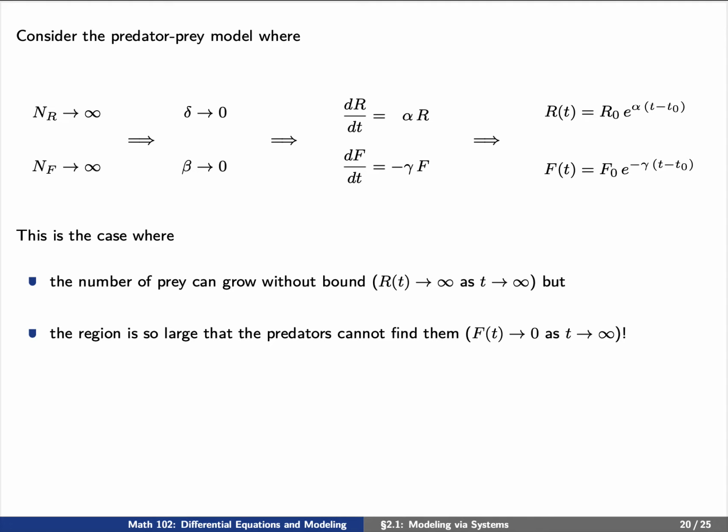F of t tends to 0 as t tends to infinity. And we really have to ask the question, does this really make sense? Because we know that we just can't have an arbitrary number of rabbits, that really the number of rabbits has to be kept in check based on the amount of space that we have and also based on the amount of food that there is.